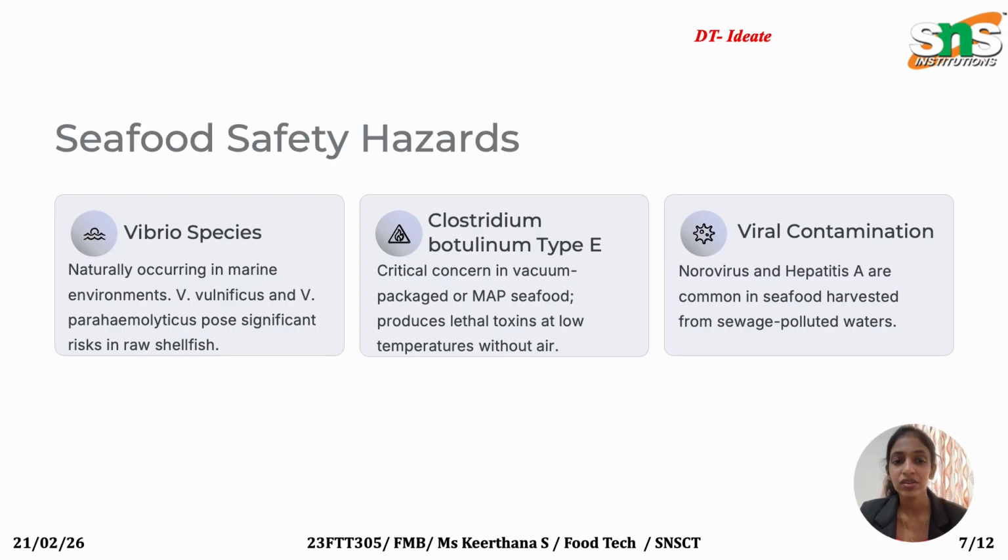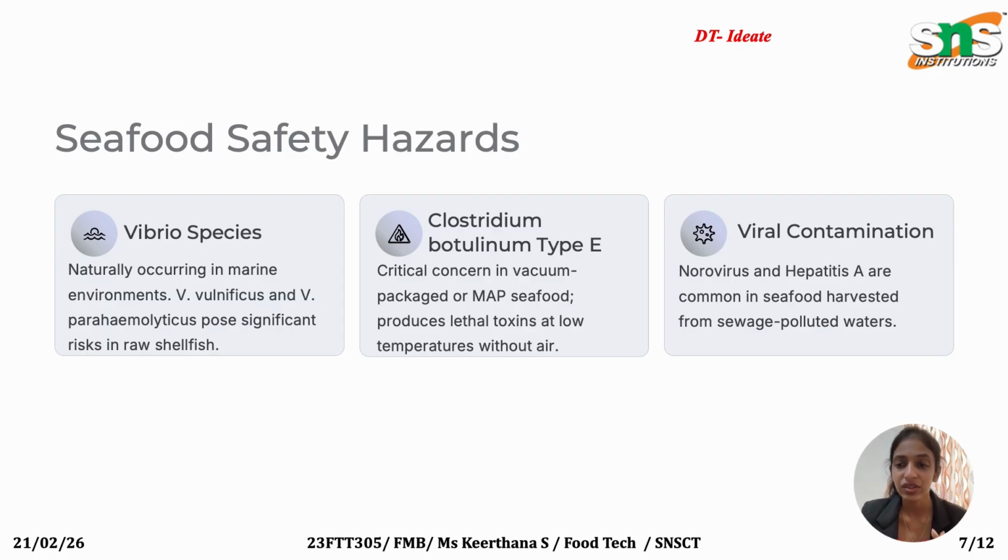Next, we have the seafood safety hazards. Over here, seafood brings its own challenges. Marine waters naturally contain Vibrio species, especially present in shellfish. Raw oysters, in case of contamination, can lead to severe illness.